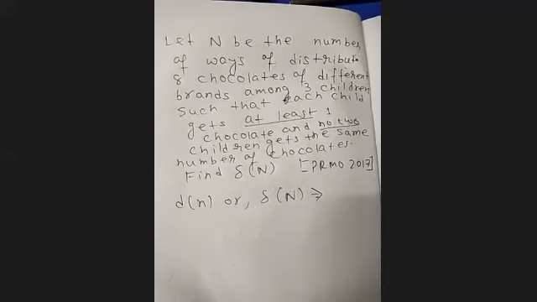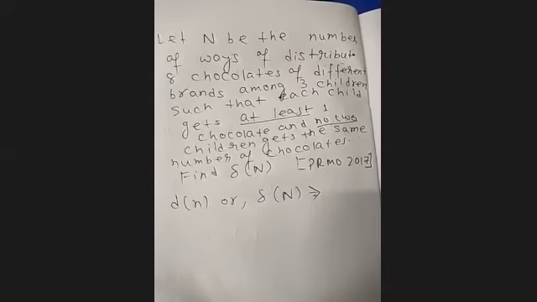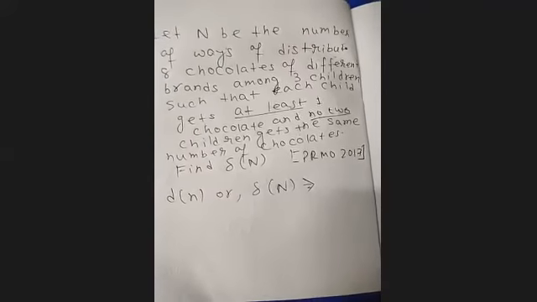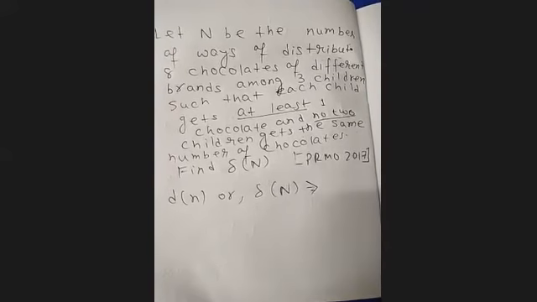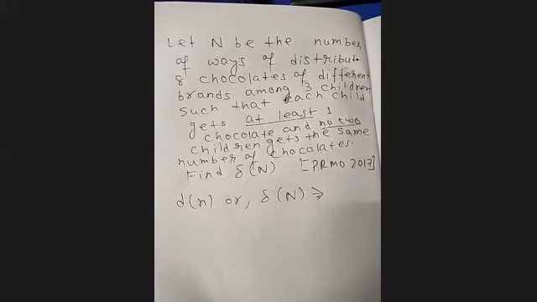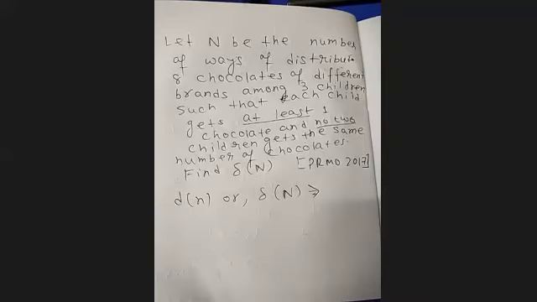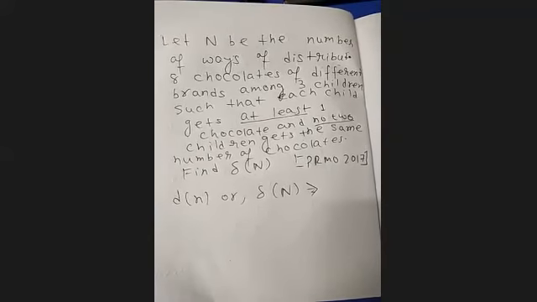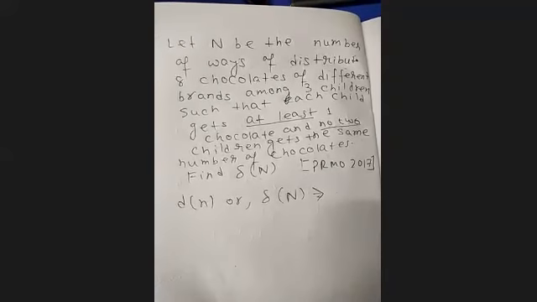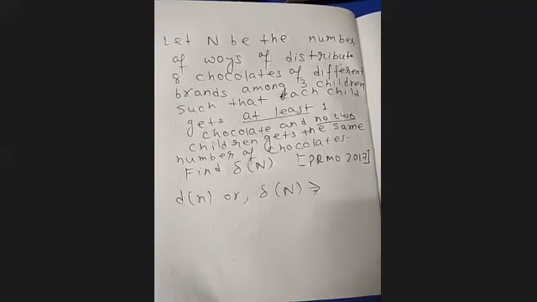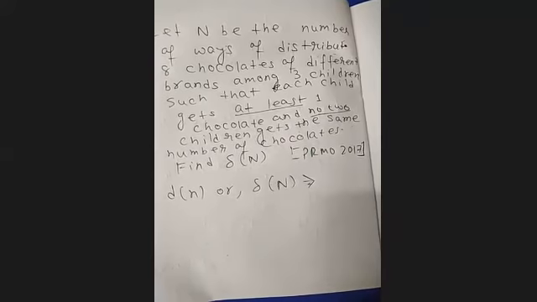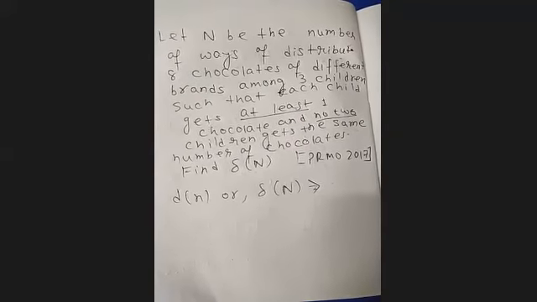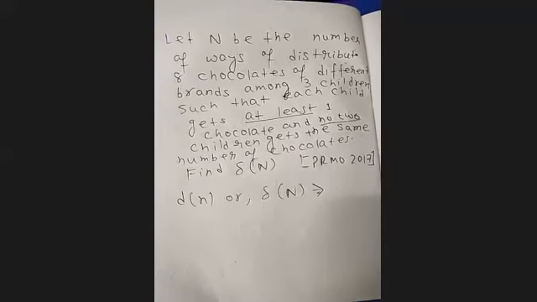Only Trilok has done it right up to this point. Arkaprabha, your answer is wrong. Eklavya, your answer is again wrong. Vanam, your answer is right. So two of you have done it right.